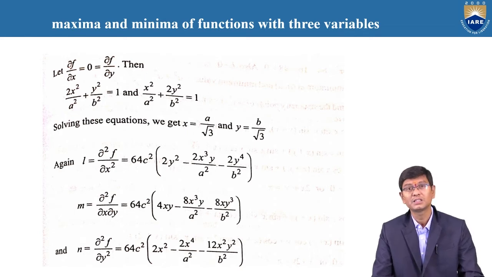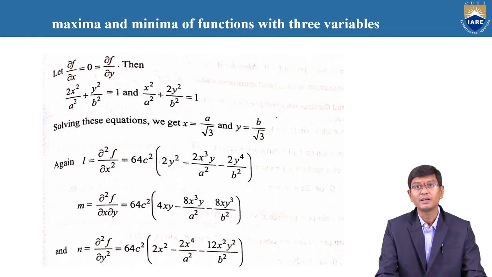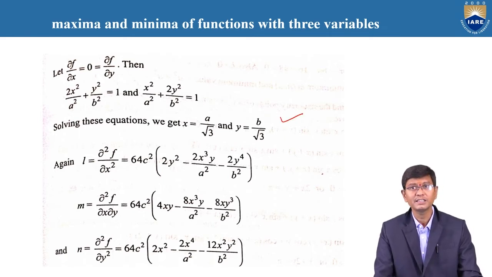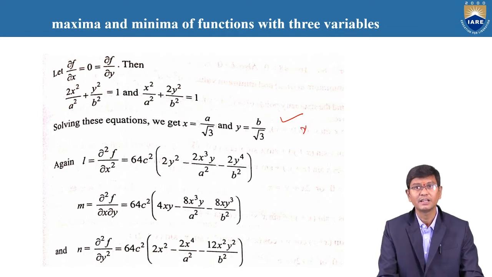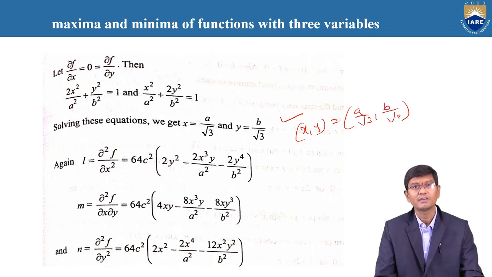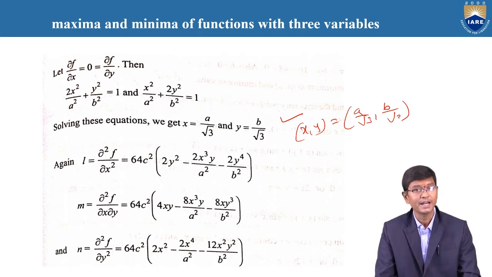By solving these two equations for the stationary points, we clearly obtain x is equal to a by root 3 and y is equal to b by root 3. These are the stationary points, so x comma y is assumed to be a by root 3 comma b by root 3. Now we need to find the values of L comma M comma N, otherwise R comma S comma T only.